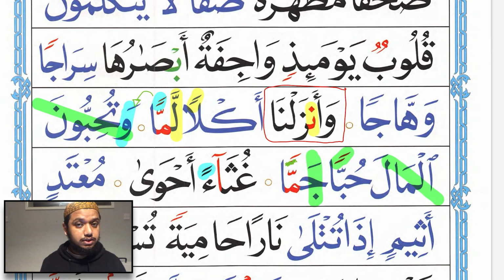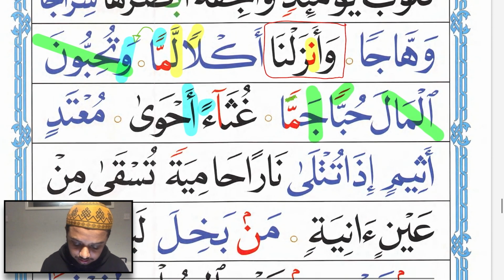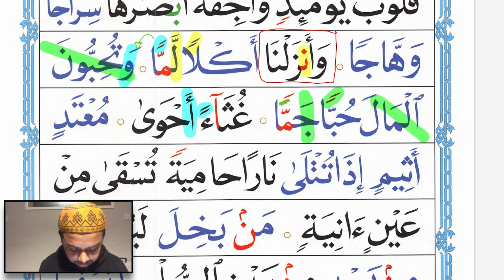Is hamza one of the 6 throat letters? Hamza, ha, ayn, ha, ghain, kha. Yes, it is. So that means we do idhar. We read the noon with the sukoon or the tanween clearly. So we read it as it is written. غثاء أحوى. And now inshallah we move on to the next example.